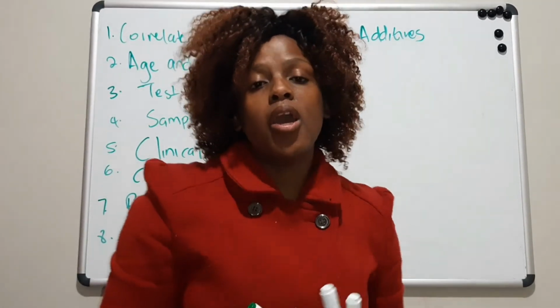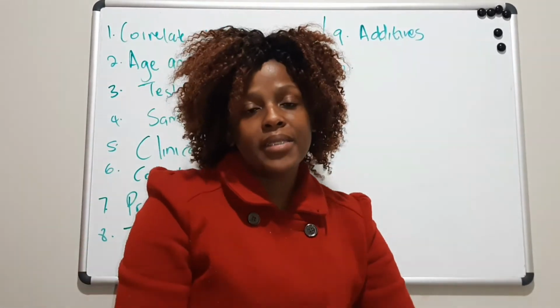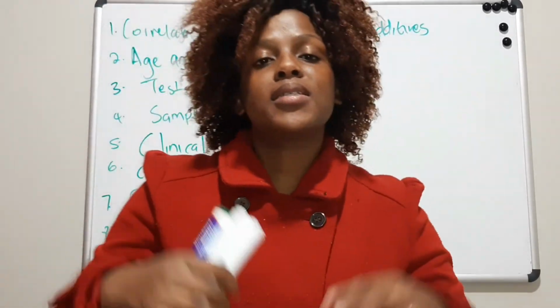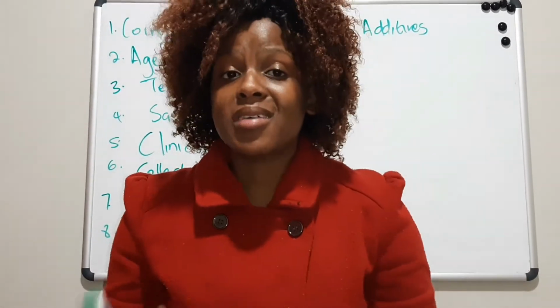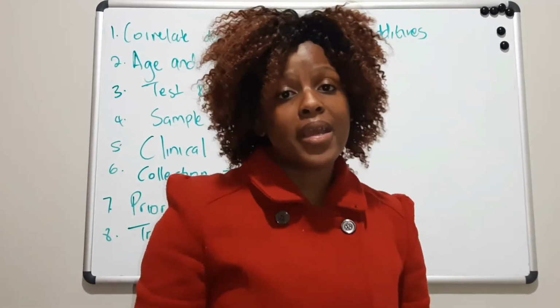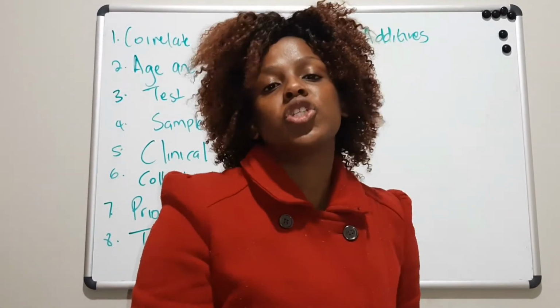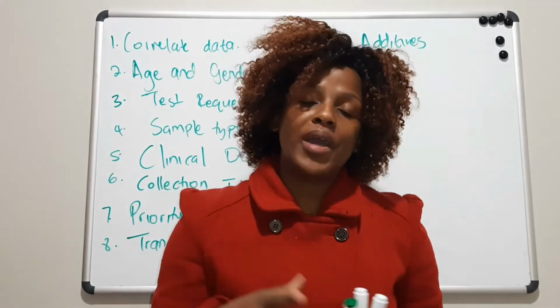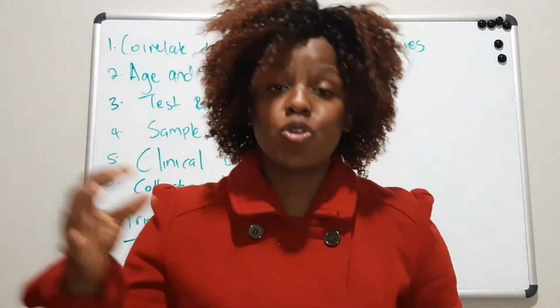Then number 10, what is also required is centrifugation. So you need to determine, for this test that is requested on this sample that I have in my hand, do I need to centrifuge the sample, to separate the cells from the plasma, or do I need to take it for analysis as whole blood?